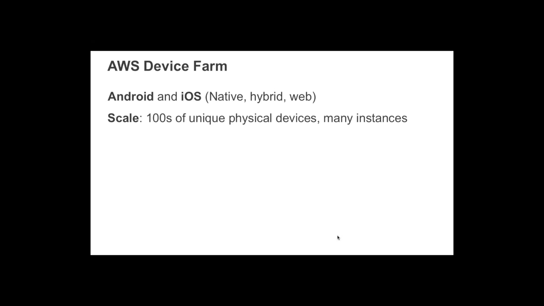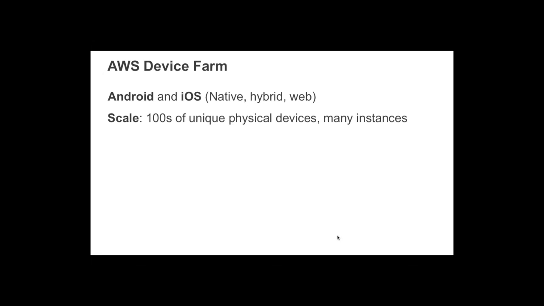AWS Device Farm has scalability in mind. So when you schedule your tests and when you're running your tests, you have hundreds of unique devices that you can choose from. And when we say unique, we're referring to things like the Samsung Galaxy S6 on T-Mobile running a specific flavor of Android, and an Apple iPhone 6s running a particular flavor of iOS.